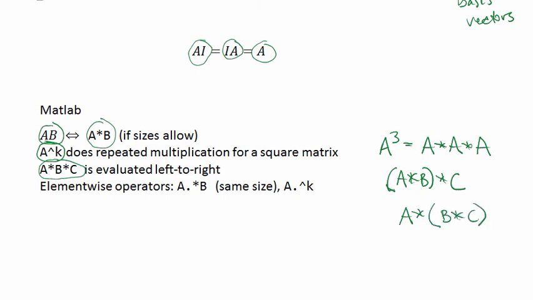And in fact, this would get you the same mathematical result, although I have to point out that depending on the sizes of these matrices, one might be a lot faster than the other. And so sometimes you have to be careful about writing those kinds of products. The identity matrix in MATLAB is returned by a function called I. So I of 4 would be the 4 by 4 identity matrix.